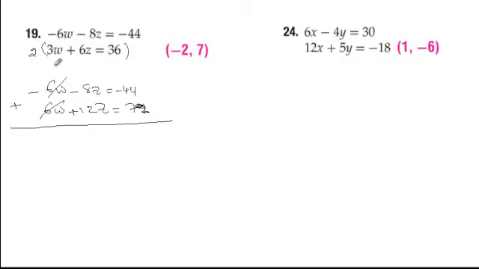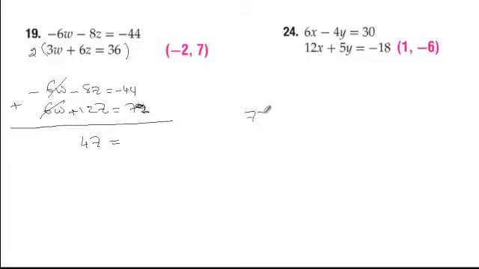When you multiply by something on the first side of the equation, you have to multiply the second side of the equation by the same number. Remember that. So now minus 6w plus 6w is equal to 0, so this cancels. Now minus 8z plus 12z, you get 4z equals minus 44 plus 72, which is equal to, I don't know, let's try it.